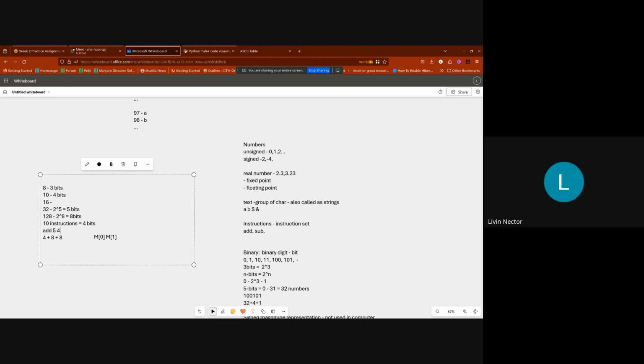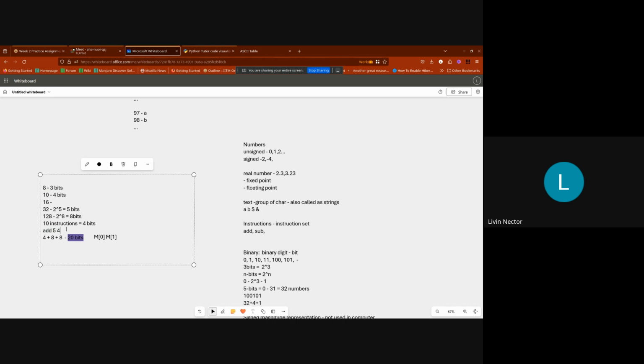I am saying that my computer can handle only up to 8 bits. It cannot handle more than an 8-bit number. Then the total instruction size will be 4 plus 8 plus 8, 20 bits. So my computer with these 10 different instructions has instructions of size 20.